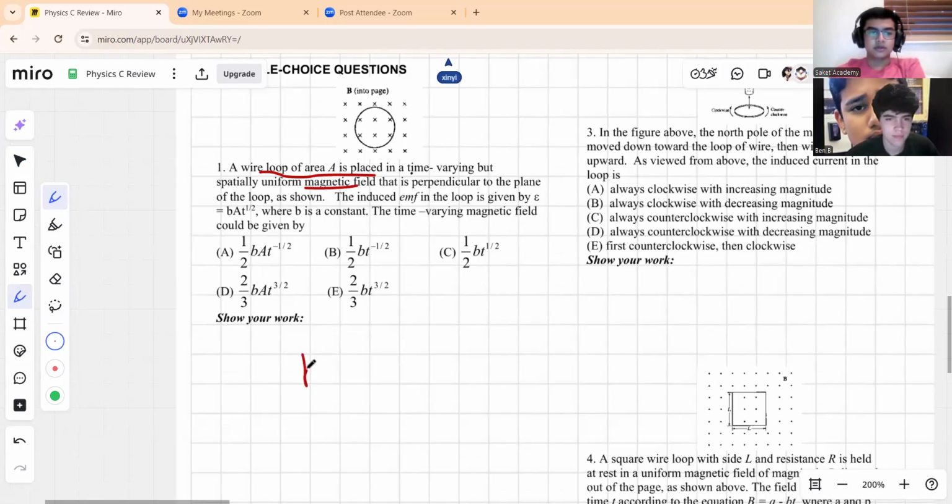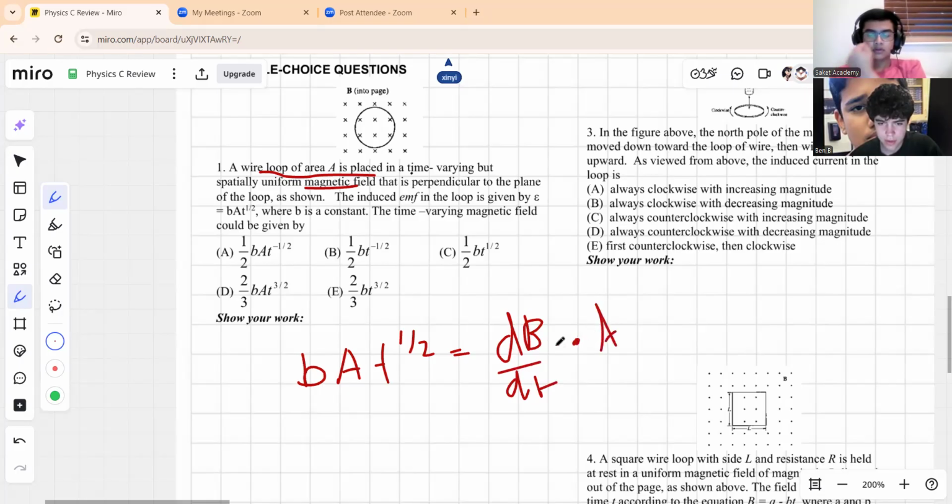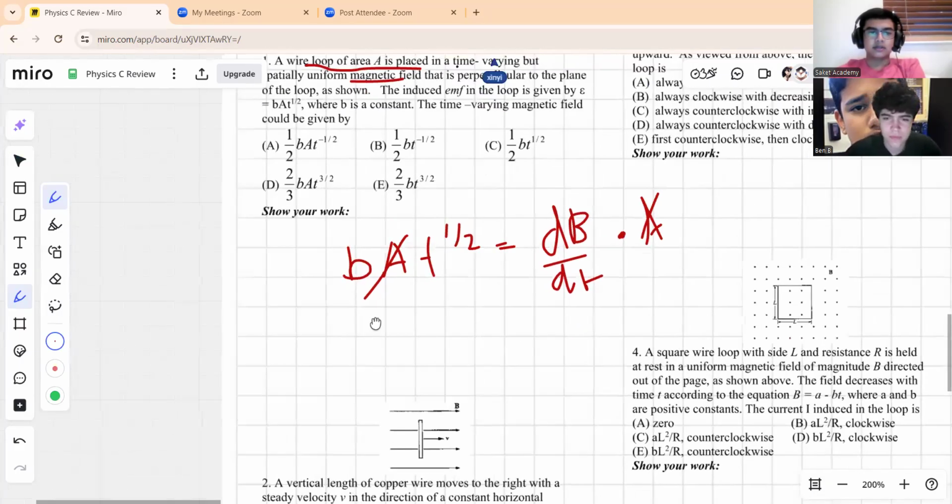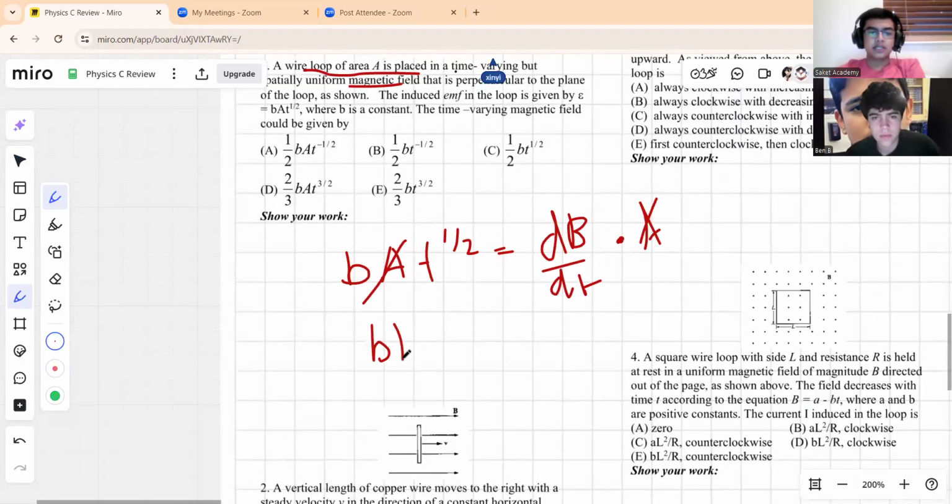Oh, I'm sorry. I should have done this first. So here's what we're gonna do. We're gonna cancel the areas and then B t squared, t to the 1/2, integrated dt equals dB.